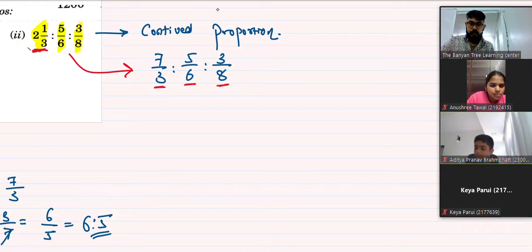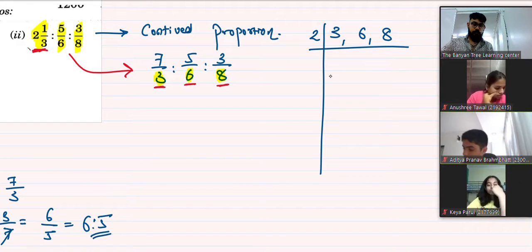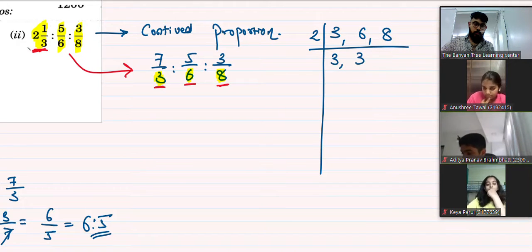Do you see all these three denominators, 3, 6 and 8? Take their LCM. So 3, 6, 8. If we divide by 2, here we get 3, not divisible by 2, 2 threes are 6, 2 fours are 8. Again we divide by 2: 3, 3, 2.